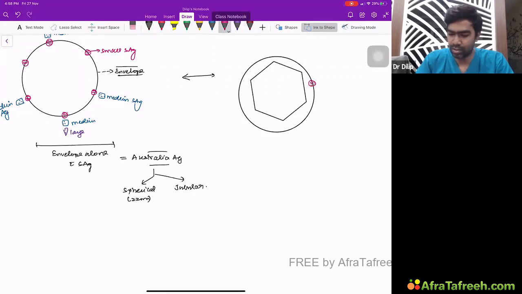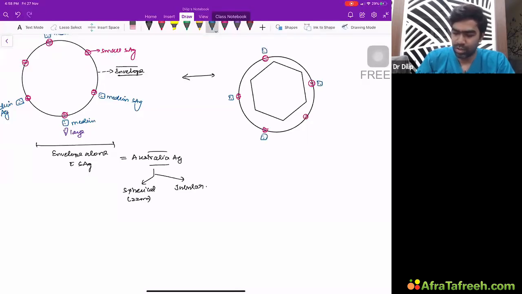I can draw the surface antigen here on the envelope, and of course you are going to have certain areas with the medium surface antigen also, and in certain areas the large surface antigen, which you have studied already. Just for understanding I've drawn this, so no need to take it seriously.